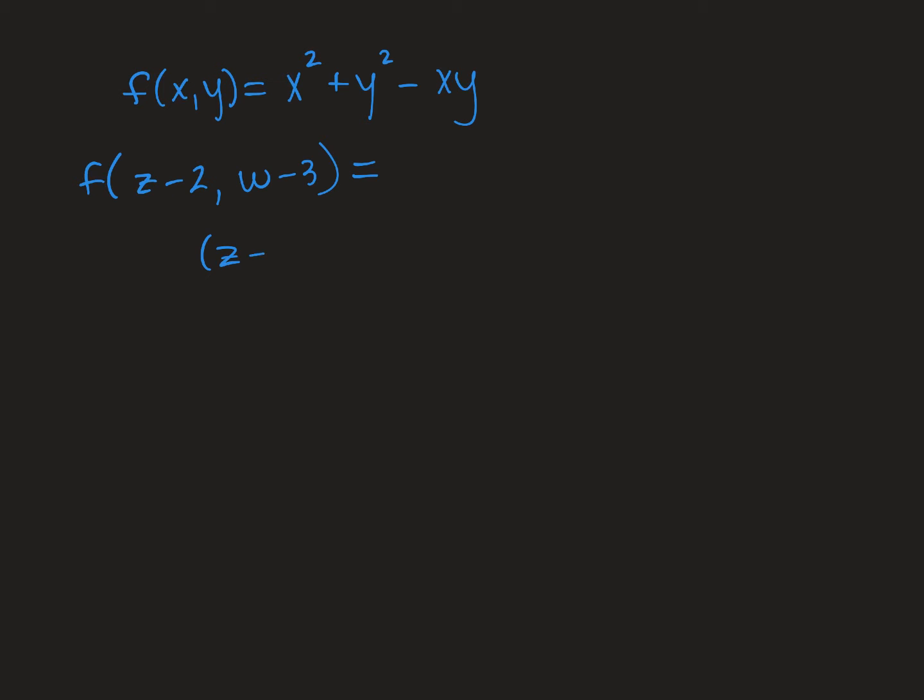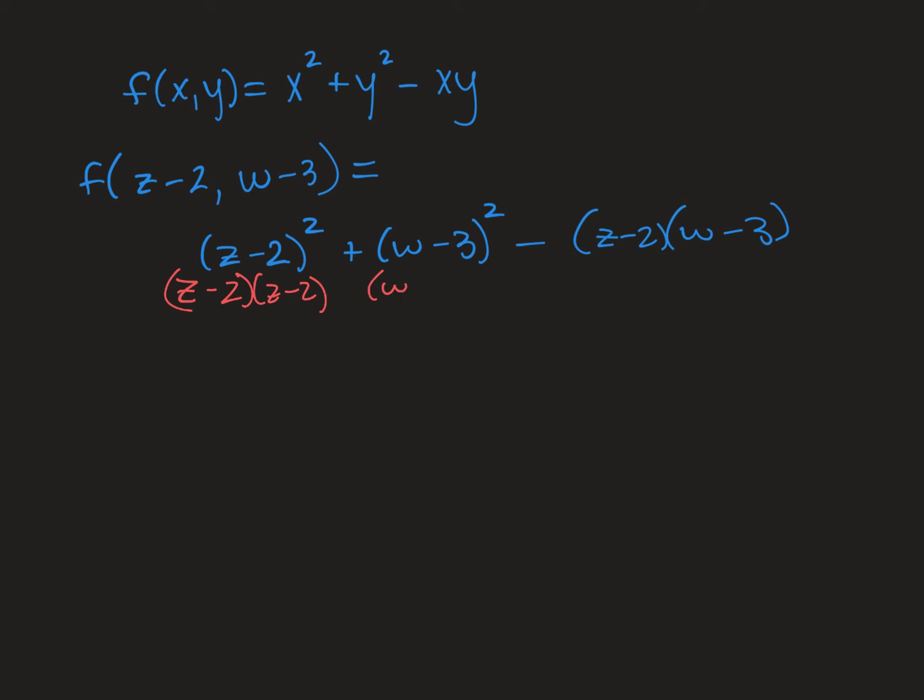So we have (z minus 2) squared plus (w minus 3) squared minus (z minus 2) times (w minus 3). Remember, when we have a binomial squared, we're not just squaring both pieces. We have to FOIL. So we're technically doing (z minus 2) times (z minus 2) here, and (w minus 3) times (w minus 3) here. And then again, we'll FOIL there.